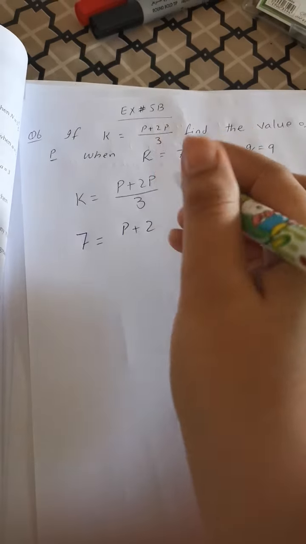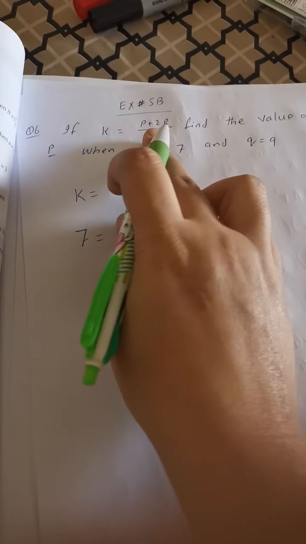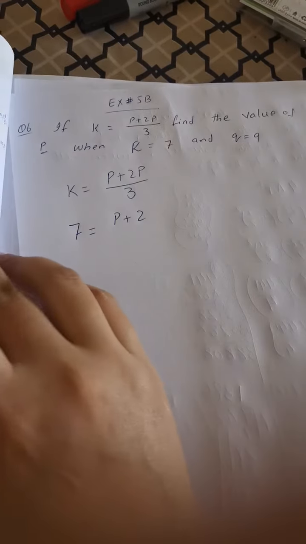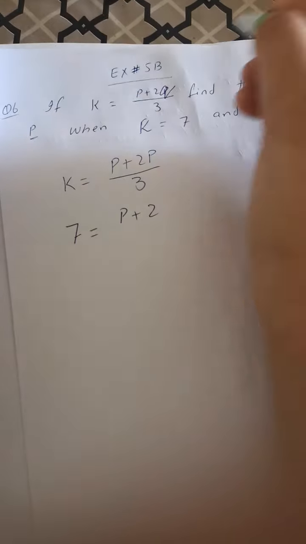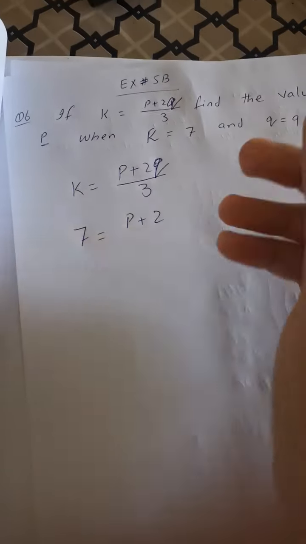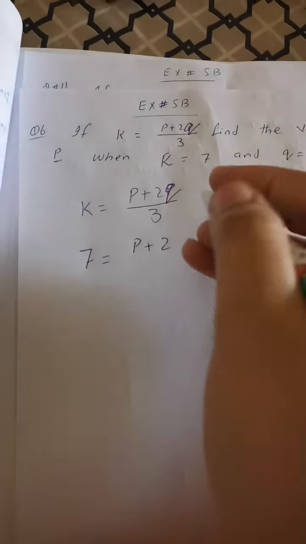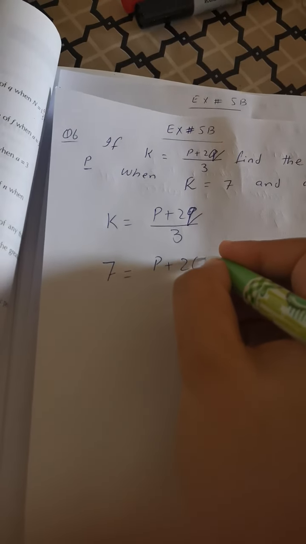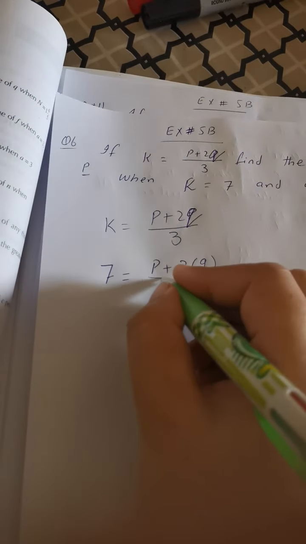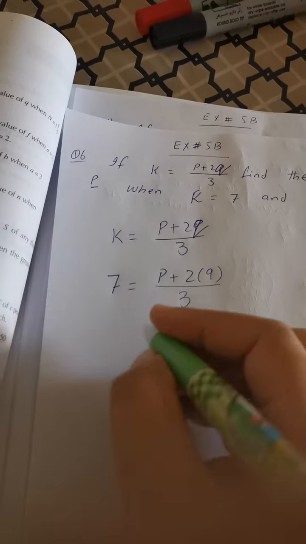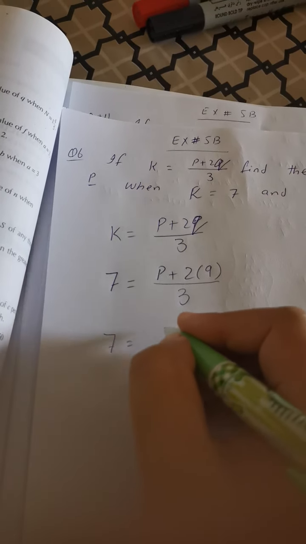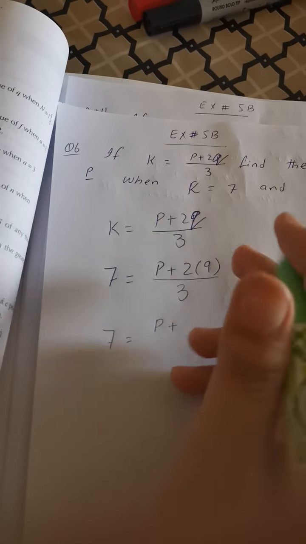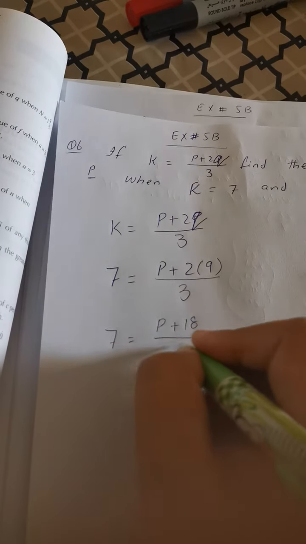What is the q? What is the equation? Wait a second. It is q, it is not p. This is q. Okay, so what is the value of q? 9 over 3. So 7 is equal to p plus 2 9s the 18 over 3.